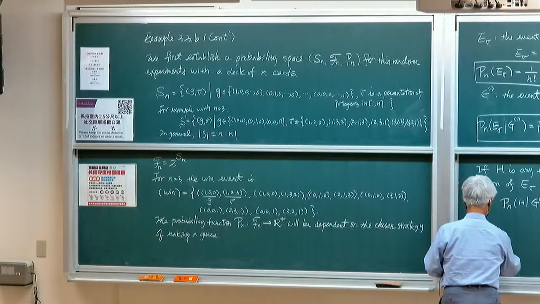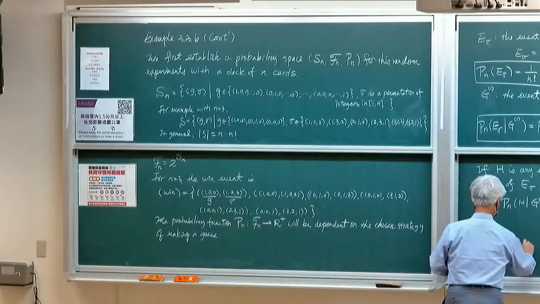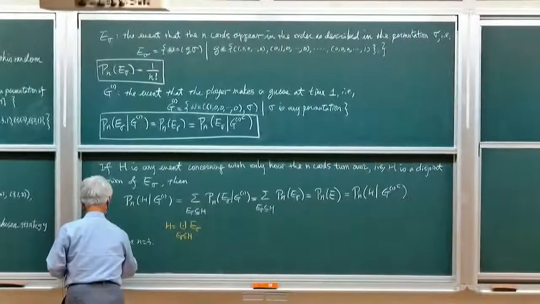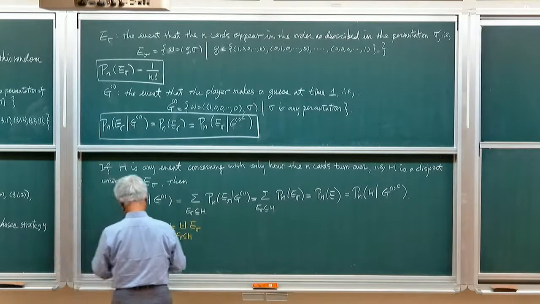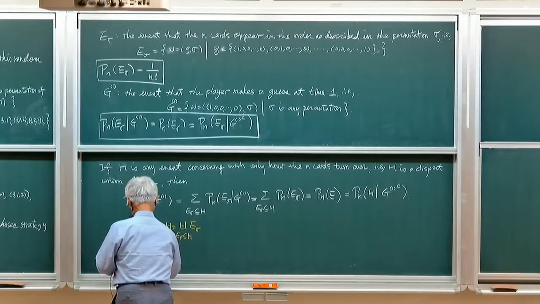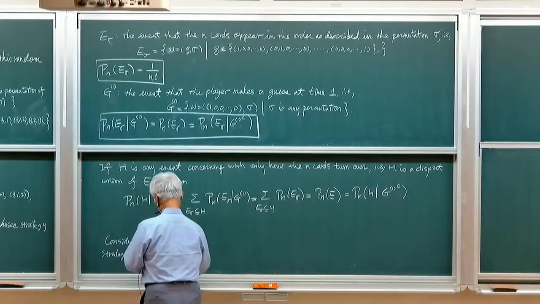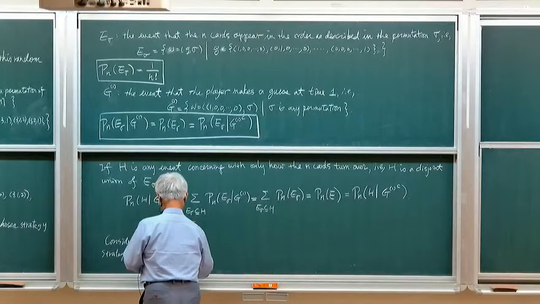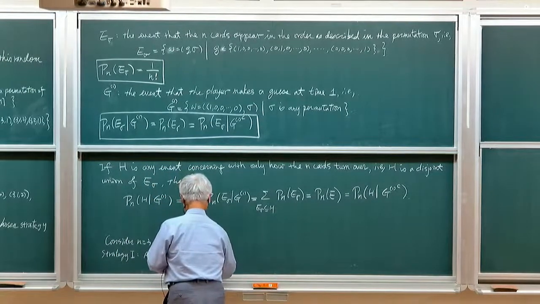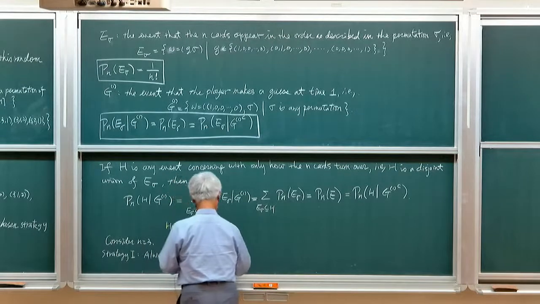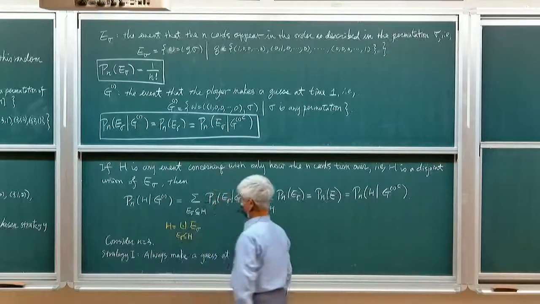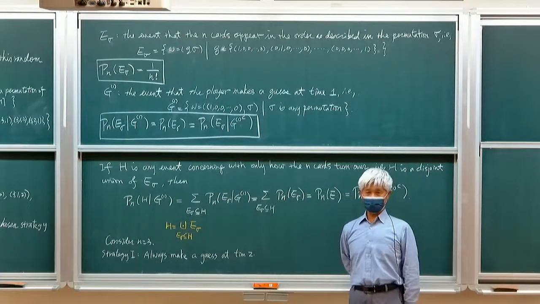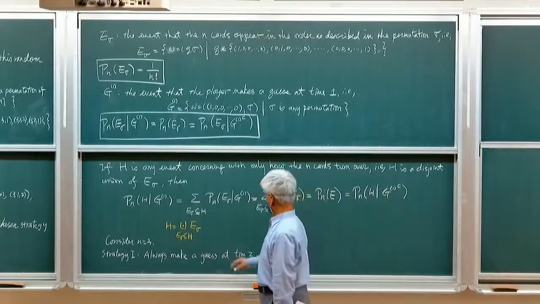Consider n equals 3. Strategy number 1: always make a guess at time 2. So that is the first strategy.